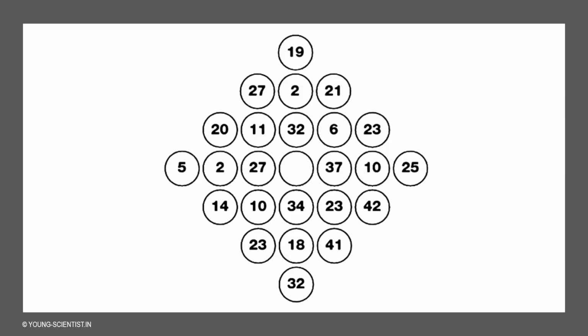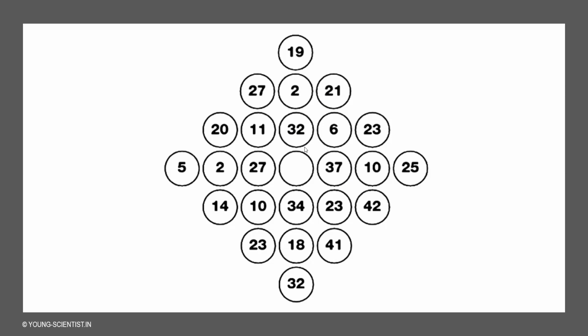Okay, so if you look at these numbers starting from 19, so 19, 21, 23, 25, that sequence has a common difference of 2. It's a simple arithmetic progression. What about the next layer? That's 2, 6, and 10. The common difference is 4. The next layer, 27, 32, 37, and 42.